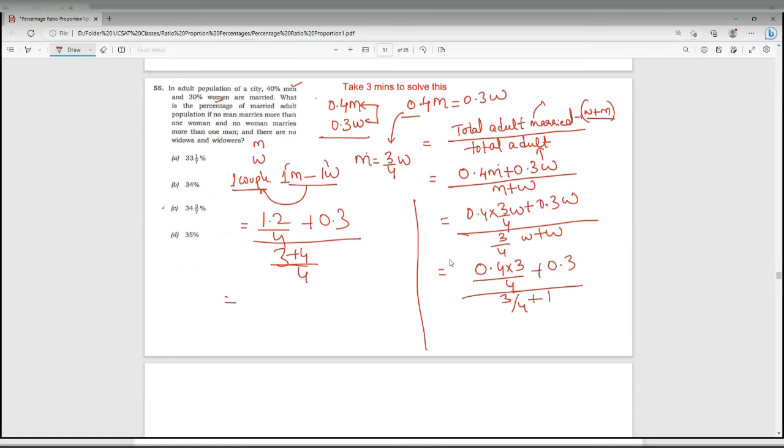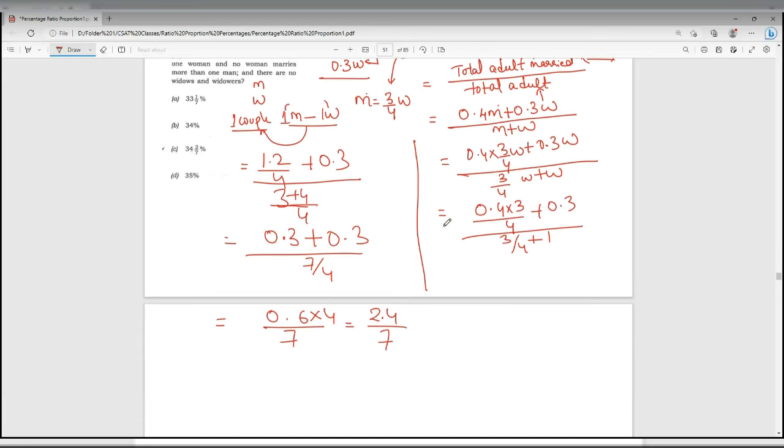So this 1.2 by 4 can be written as 0.3, plus 0.3, divided by 7 by 4. This is nothing but 0.6 by 7 into 4. 6 into 4 is 24, so this is 2.4 divided by 7.